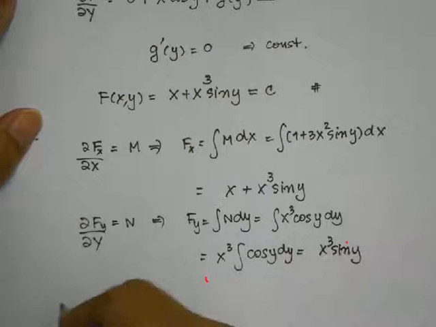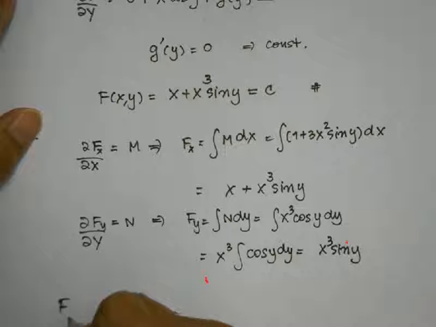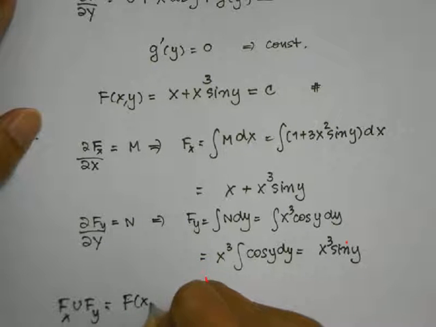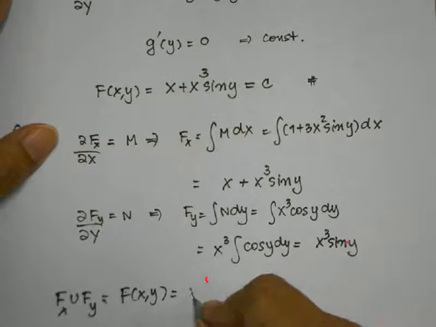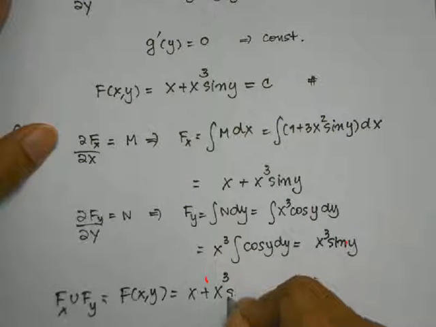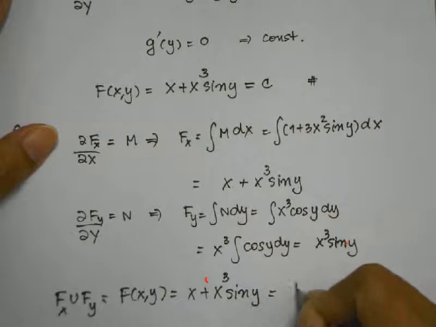So you take the union, and you get x plus x to the power 3 sine y equal to c. That is the final answer.